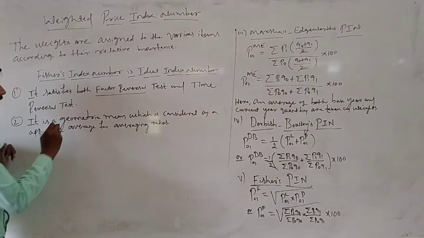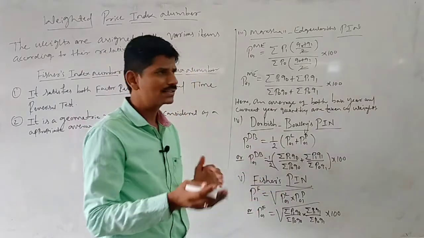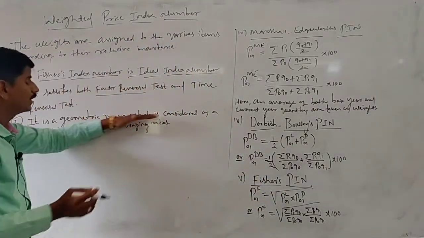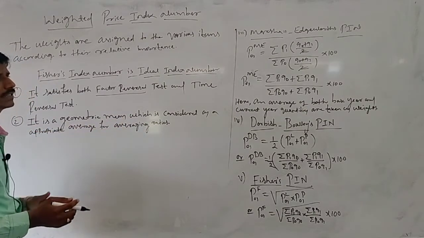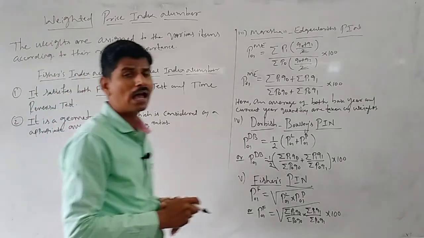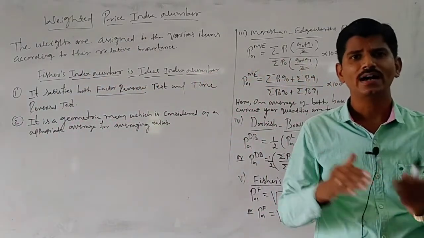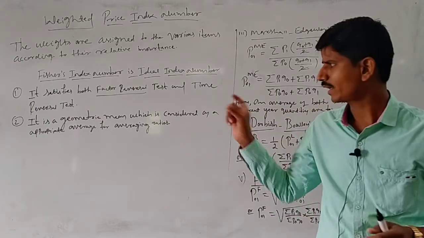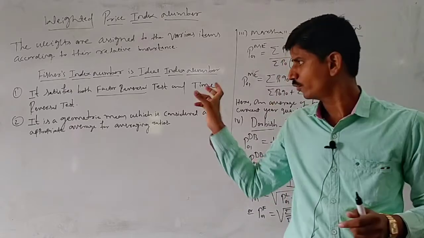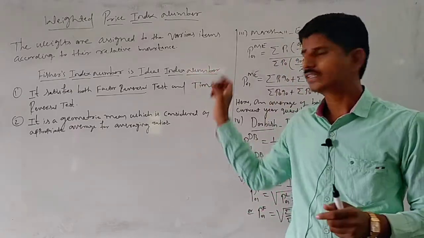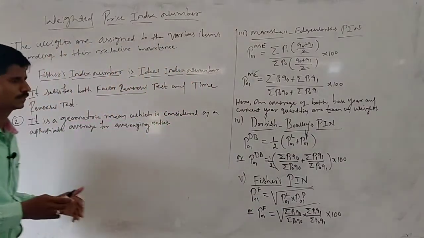Here Fisher's is the geometric mean of Laspeyres' and Paasche's. Geometric mean is considered the appropriate average, means best average, for averaging ratios. Arithmetic mean is the commonly used average, and geometric mean is the best average for averaging ratios. Therefore, in Fisher's index number results are very accurate compared to other methods.